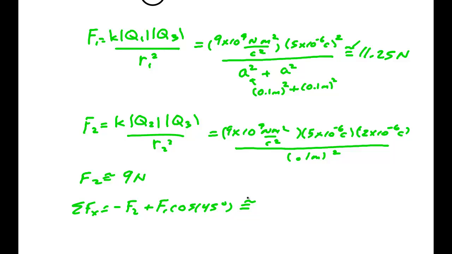And if I punch that in my calculator, I get minus 1.045. Getting a little bit blind in my age. All right, the sum of the forces in y is simply F1 sine of 45 degrees. And I get 7.95 newtons.